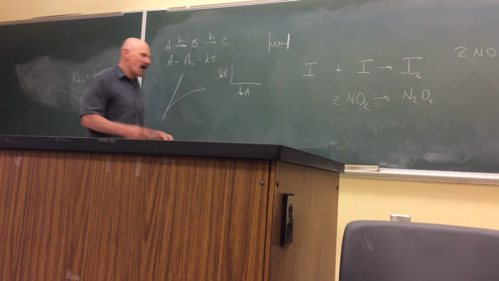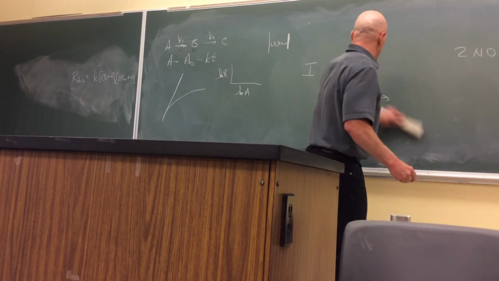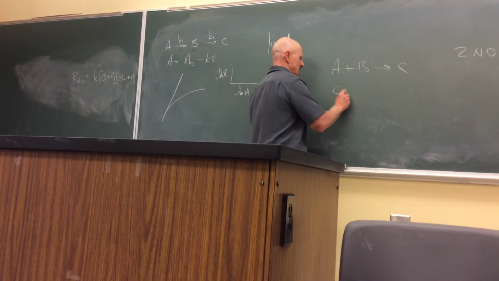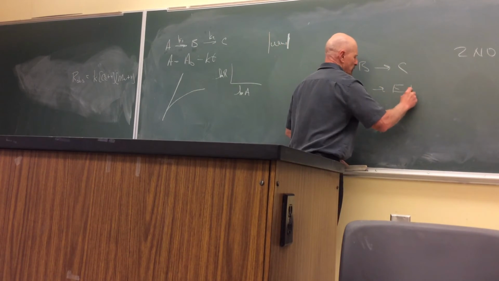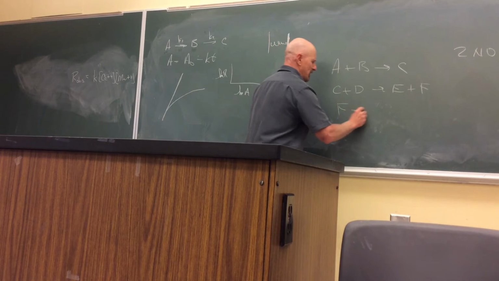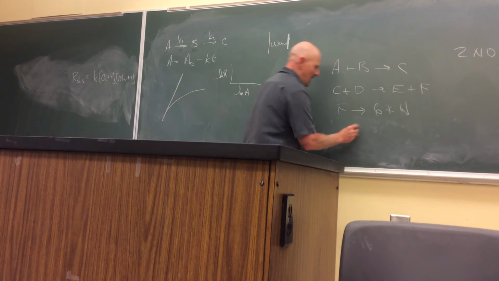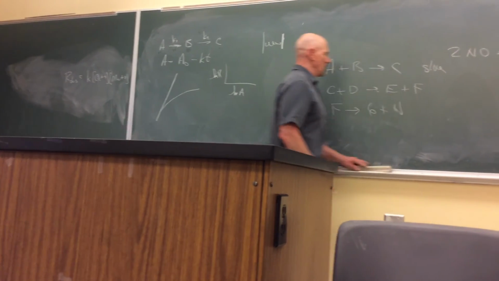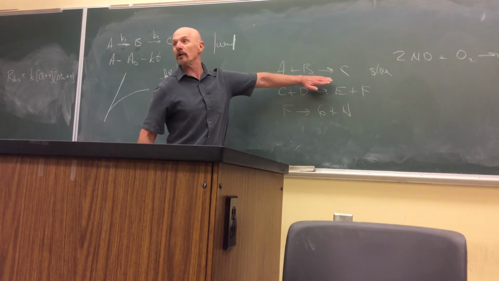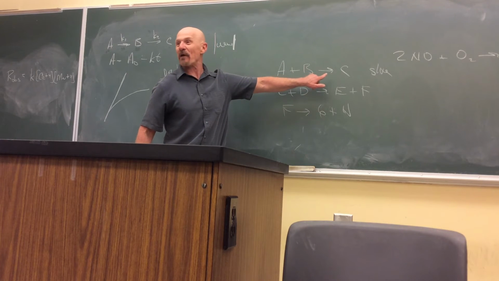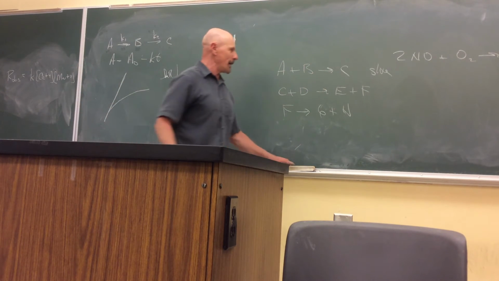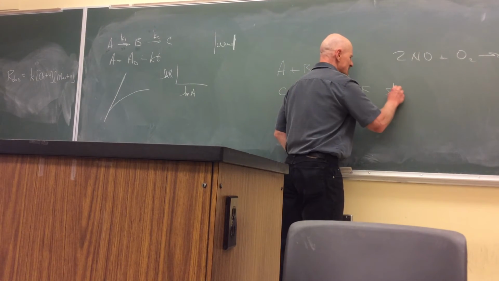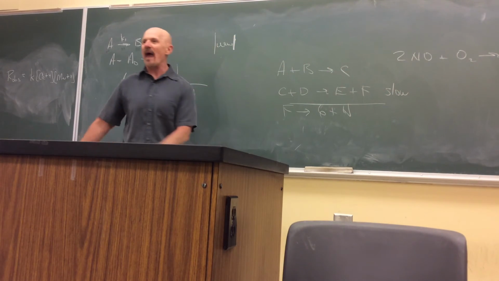But if I say I have A going to B, A plus B going to C, and then C plus B going to E plus F, and F then decomposing to G plus H, and I keep writing, and I say this is slow, stop here. Write the rate of that reaction, go home, right? Of course, if I have this extended, if I write this one as a slow step, ignore everything past that.